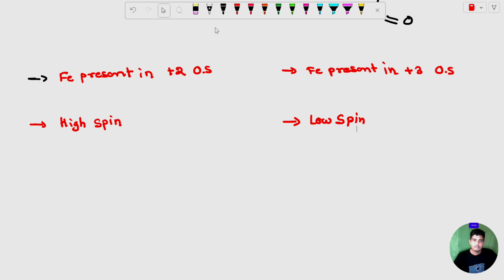For Fe2+ you can simply calculate the CFSE value, and for Fe3+ you can also calculate the CFSE value.